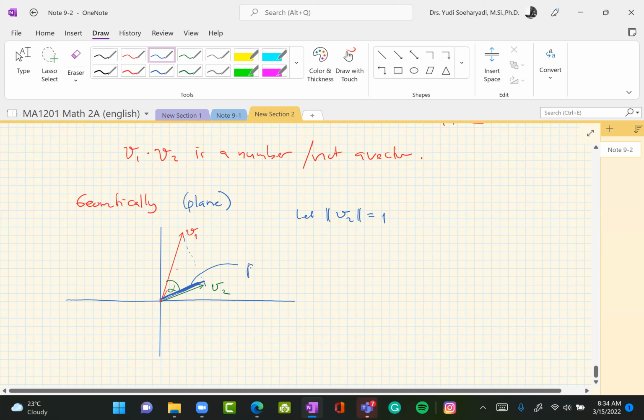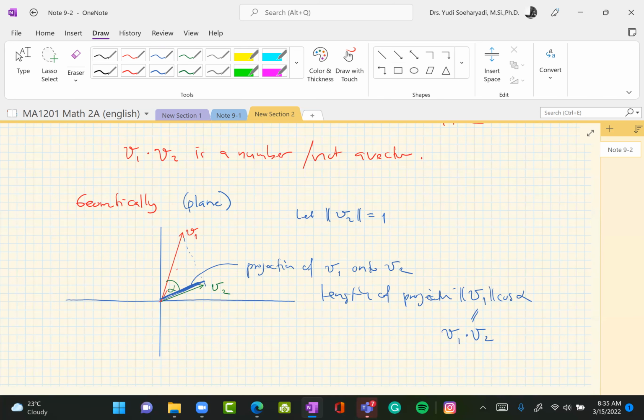So this is the projection of V1 onto V2. The length of the projection is actually V1 cosine alpha. What is this? Well, this is nothing but the dot product.